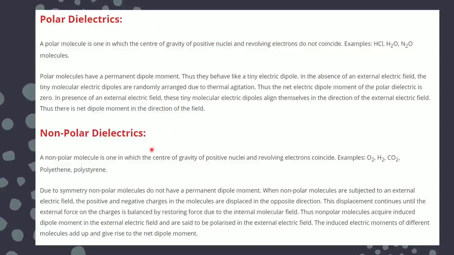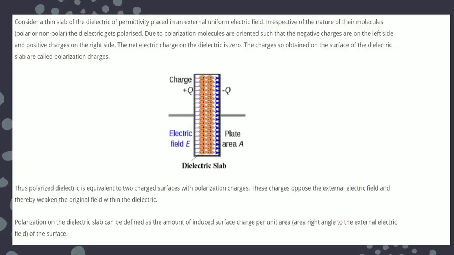Dielectrics means again the insulating bodies on which you can study the effect of the electric field. If I have a dielectric slab and I put it inside the electric field, then of course negative and positive charges orient themselves to produce the induced dipole moment. This is known as a polarized dielectric.